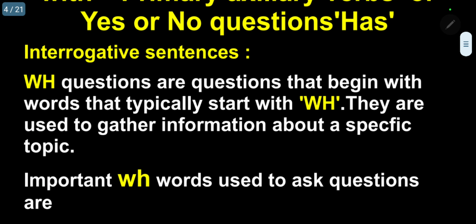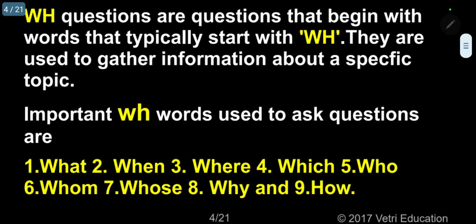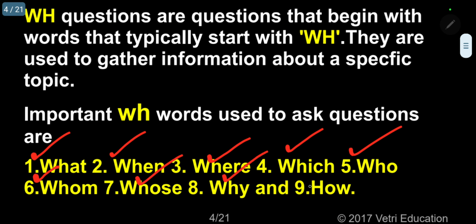Important WH words used to ask questions are number 1, what, 2, when, 3, where, 4, which, 5, who, 6, whom, 7, whose, 8, why, and 9, how.